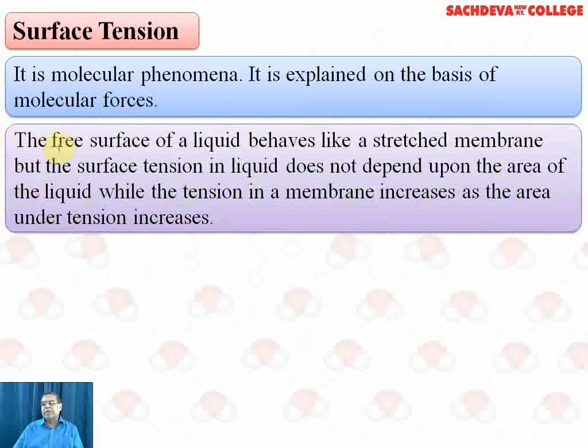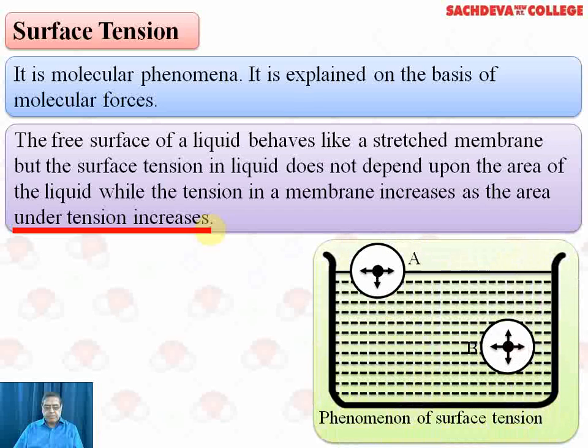When we use this term nature of liquid, we are referring to its specific gravity and density. The free surface of the liquid behaves like a stretched membrane, but the surface tension in liquid does not depend upon the area of the liquid, while the tension in a membrane increases as the area under tension increases.